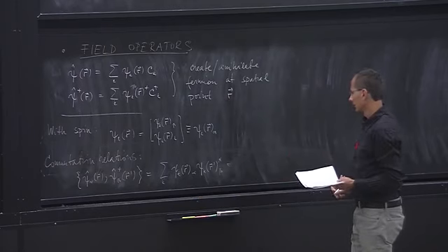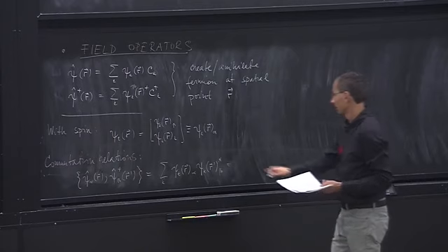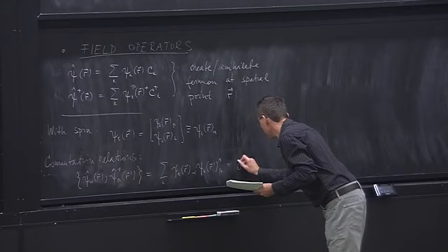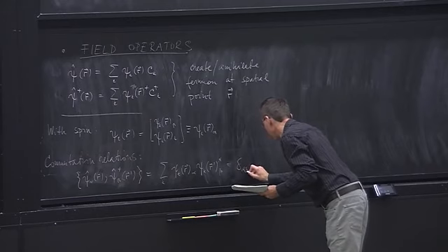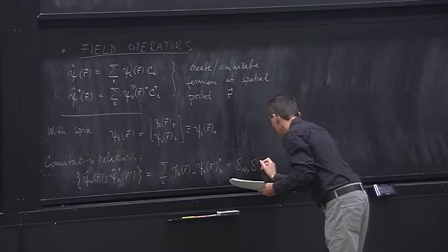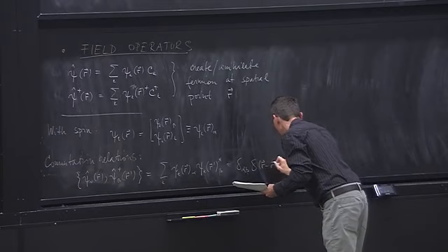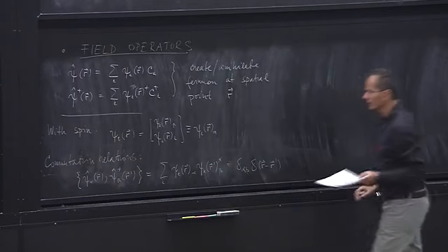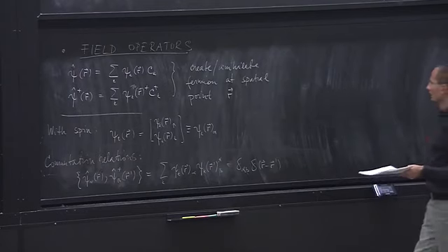And this is just a completeness relation. You can use completeness to deduce that this is going to be delta alpha beta delta r minus r prime. So this is just a completeness relation of your basis states.